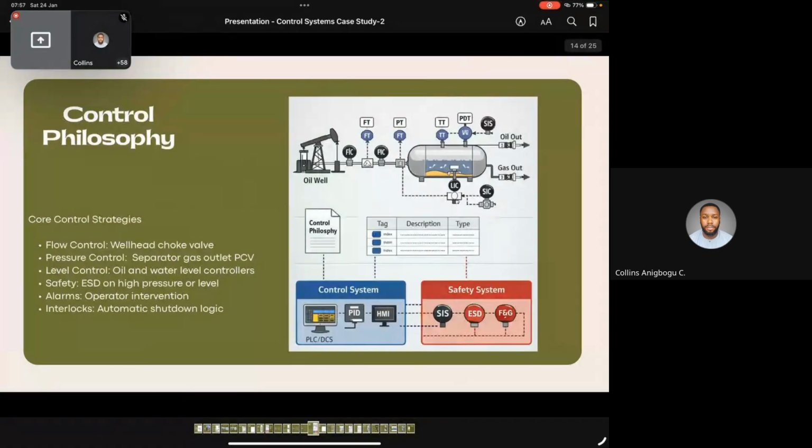Then you move on to the philosophy. So your control philosophy is a document that defines how you are going to implement this control.